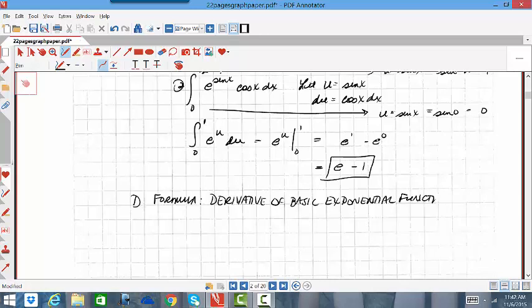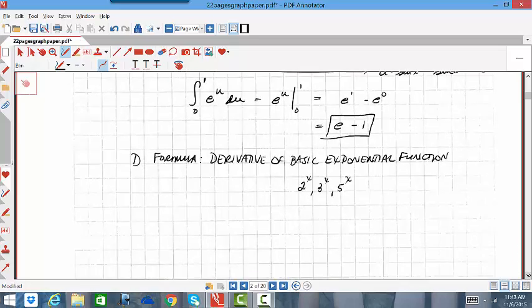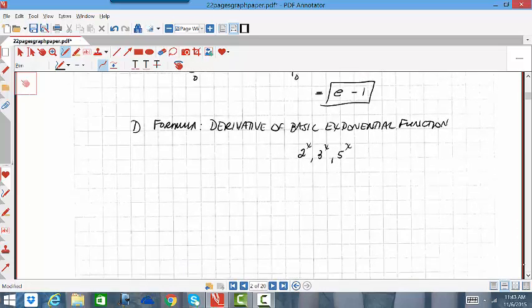So we're talking about exponential functions like 2 to the power of x, or 3 to the power of x, or 5 to the power of x. For e to the x, we have a unique formula, so now we're going to use one where the base is not e, but the base is pretty much an integer. So here's the lovely formula, and this is going to be kind of a difficult one to memorize.